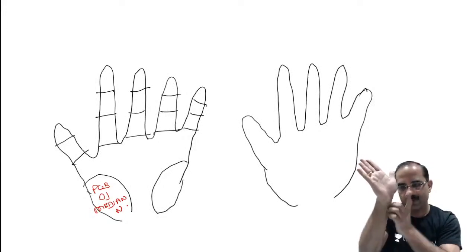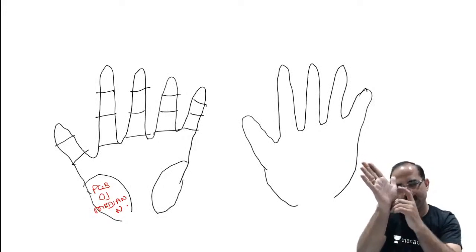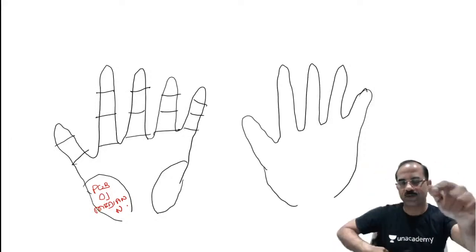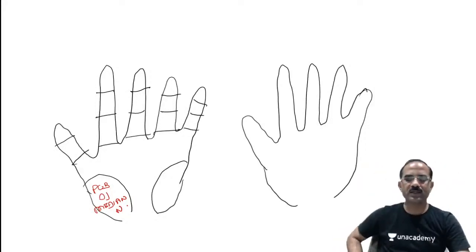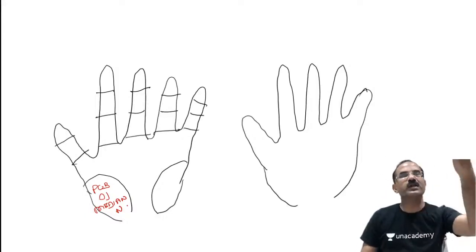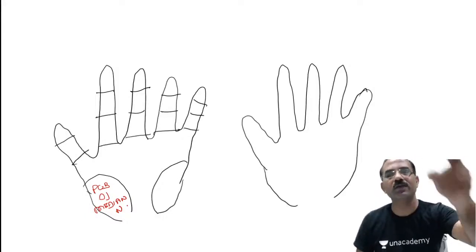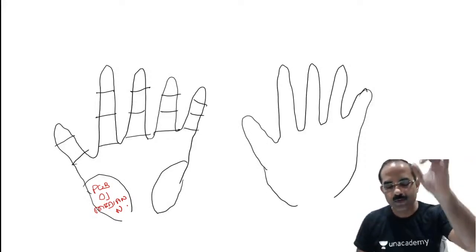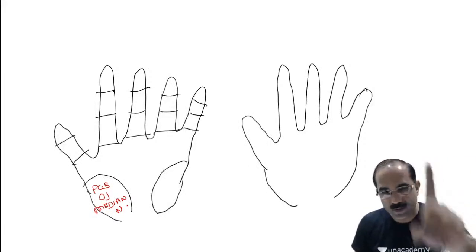This branch goes above the flexor retinaculum and supplies the skin here. That's the palmar cutaneous branch of median nerve, and it is given in the forearm before the flexor retinaculum.